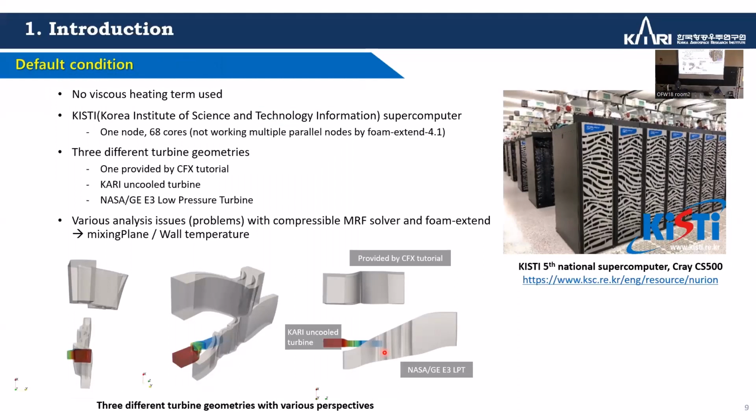And in this project, first of all, we didn't use the viscous heating term here. I will explain it later. We are supported by the supercomputer from KISTI, Korea Institute of Science and Technology Information.